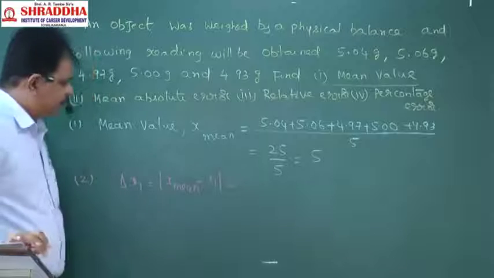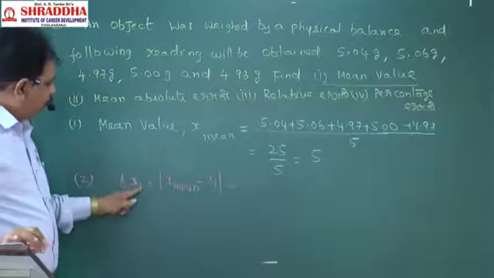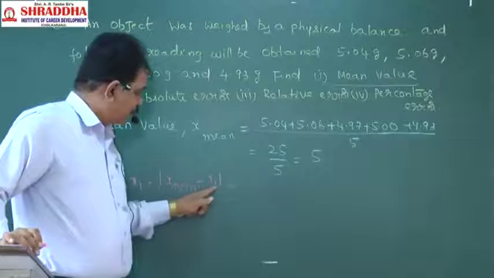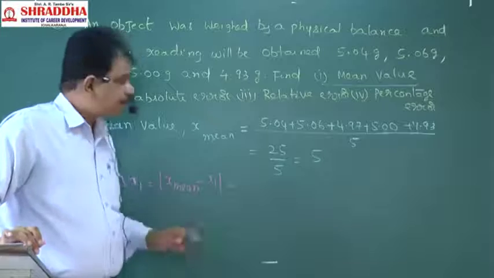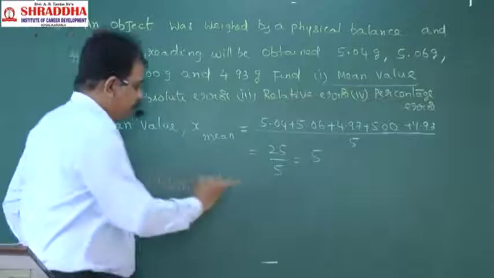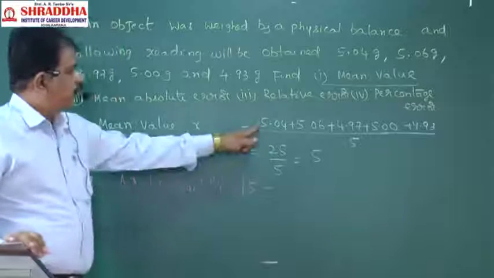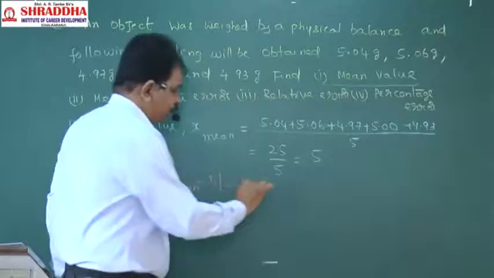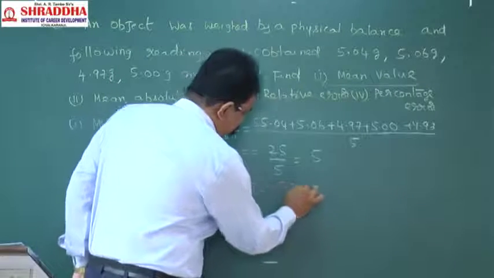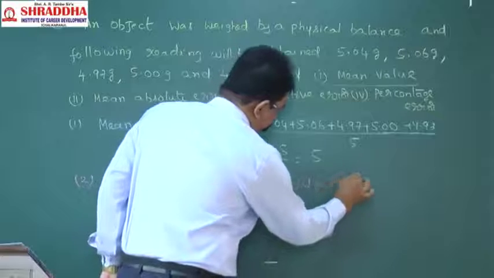This is the procedure. X mean is 5, x1 is 5.04. Taking the modulus, this value is 0.04.